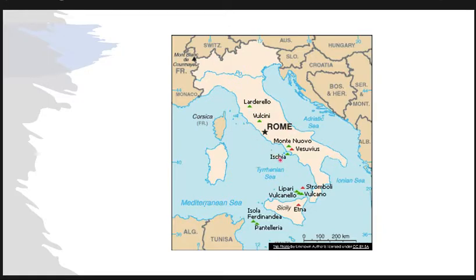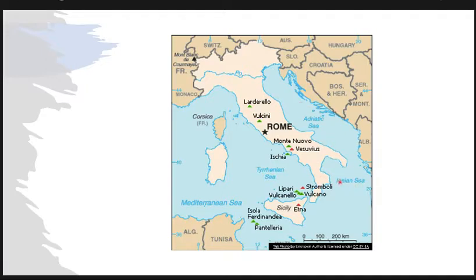Italy itself is what geographic formation? It's a peninsula. It's an area of land surrounded by water on 1, 2, 3 sides. All of this is the Mediterranean Sea, but they break it down into smaller portions. The eastern coast of Italy is the Adriatic.